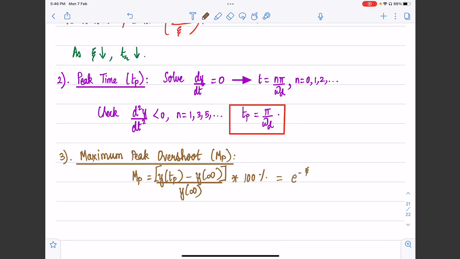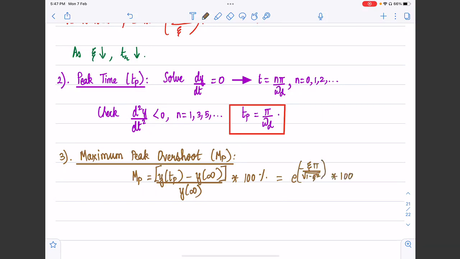You will get the maximum peak overshoot of e power, and you write it very carefully. You will get it as e power minus zeta pi divided by square root of 1 minus zeta square. So minus zeta pi divided by square root of 1 minus zeta square is the exponent of the exponential term.